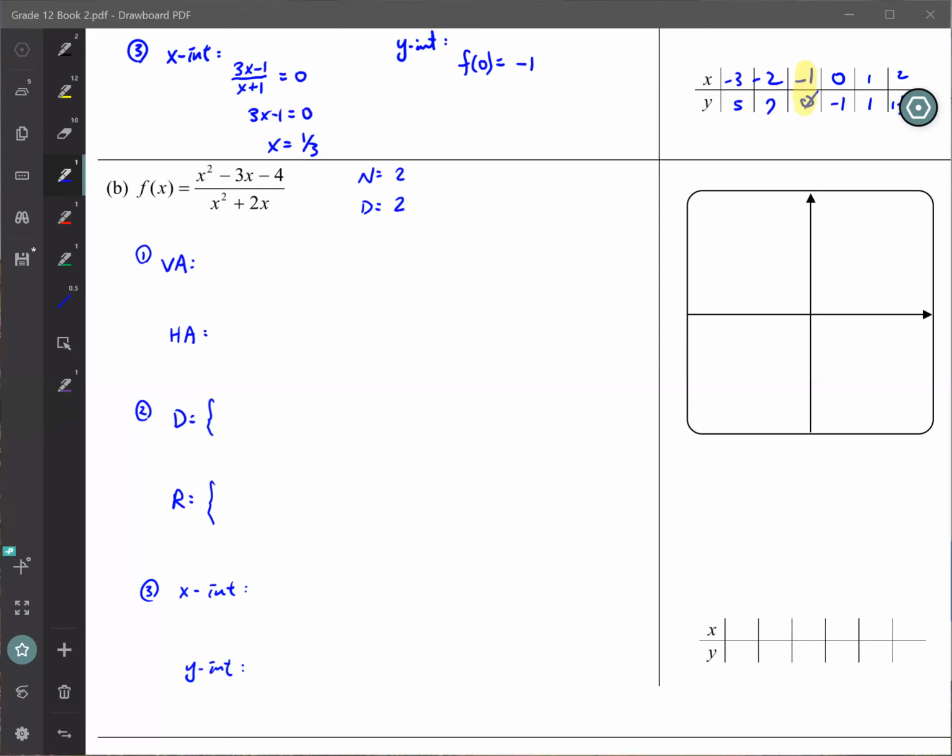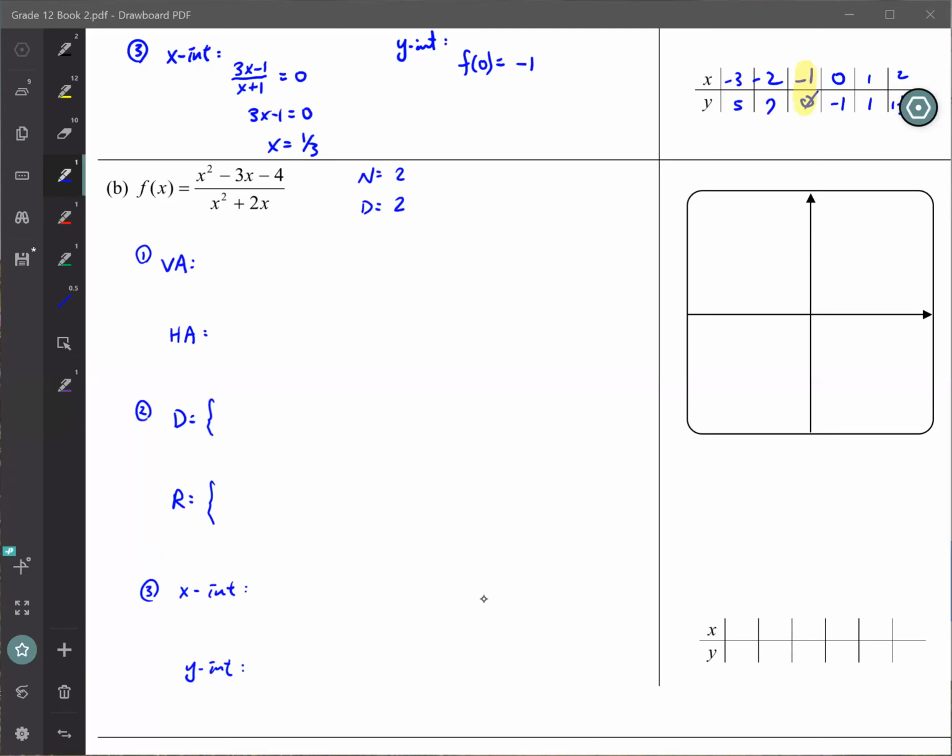Jason, Donna, what do you usually pick for horizontal asymptote? Do you use the rule or plug in?